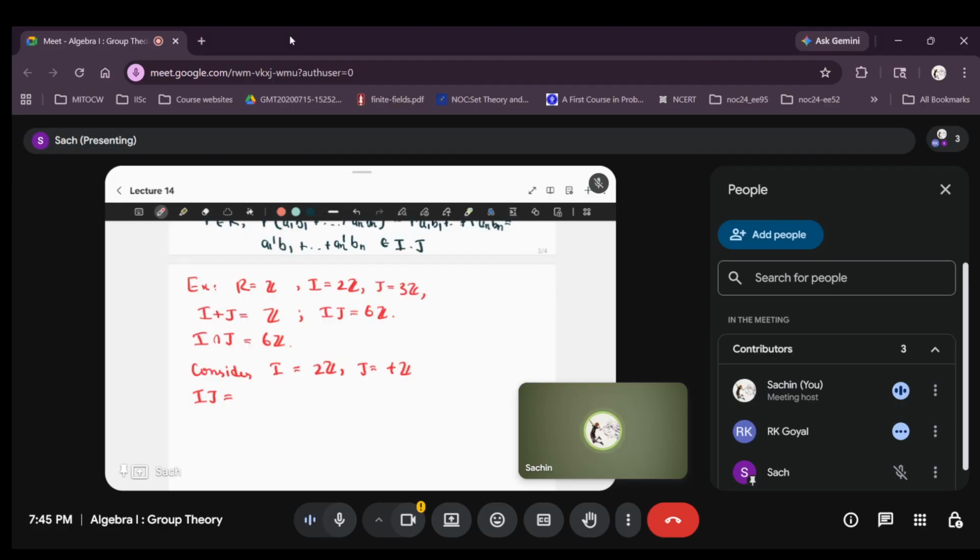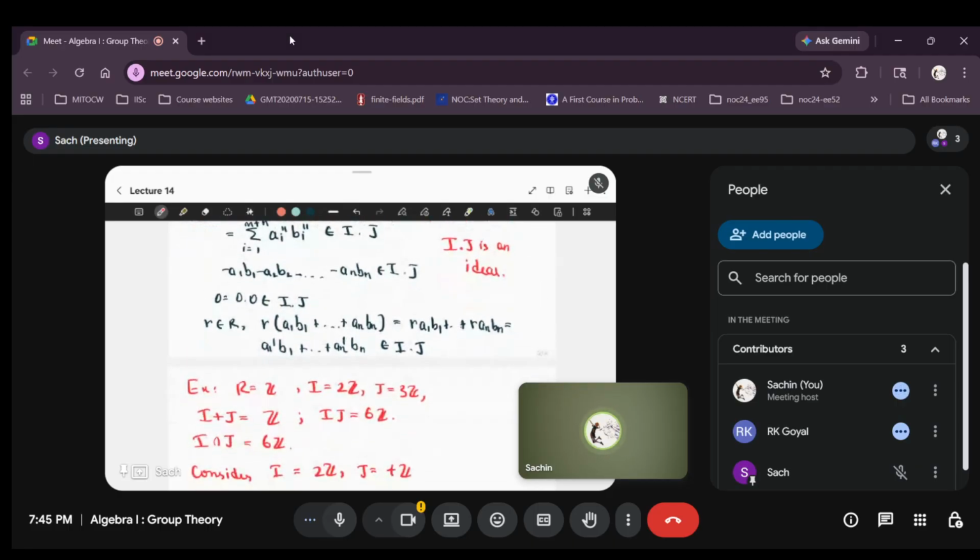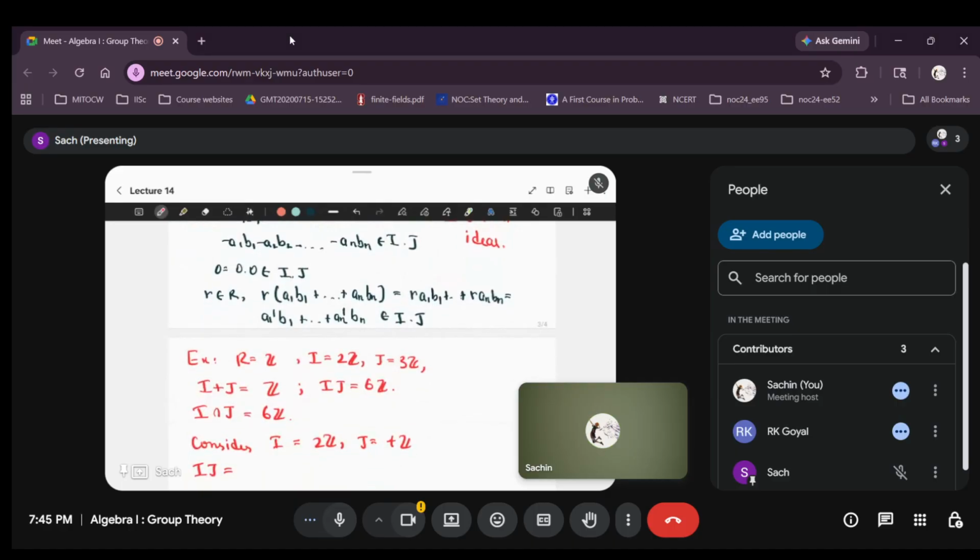Actually, IJ is not the LCM times Z. 2Z will contain 6.